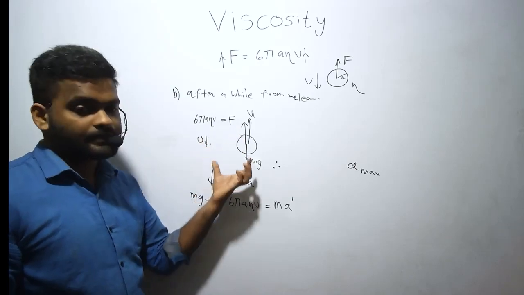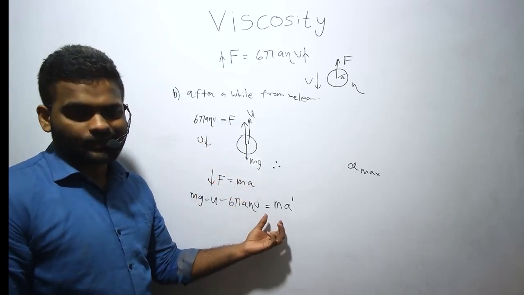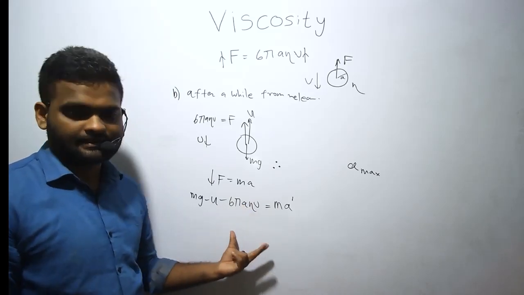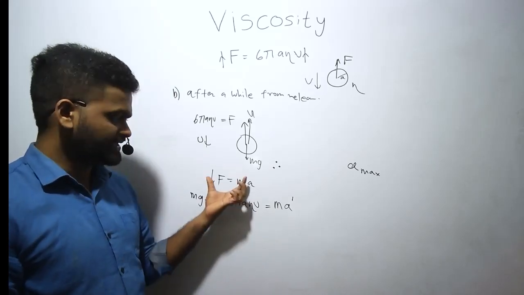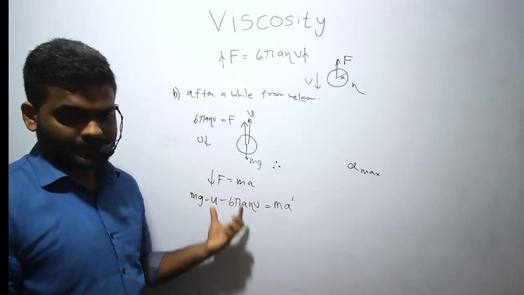So if it is after a while, you have to apply this equation. Then depending on the question, you just have to do substitutions and get the necessary answer. You just have to apply F equals ma. Take this down.